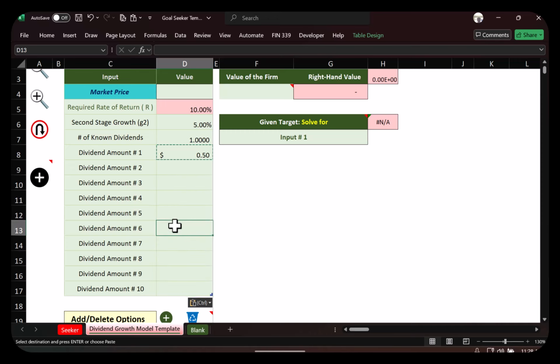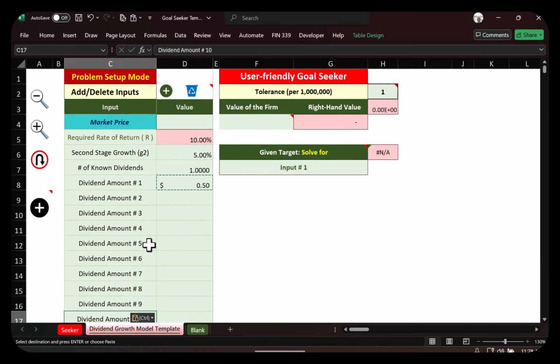For the purpose of our problems, I don't think I would ever give you more than 10 years anyway. But if you want more than that, fine. Actually, let's do up to 15.